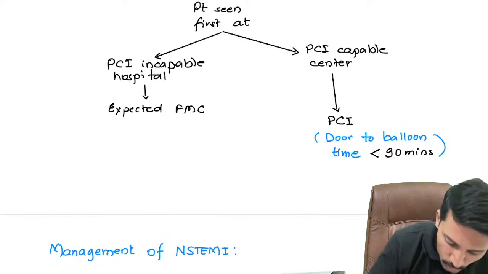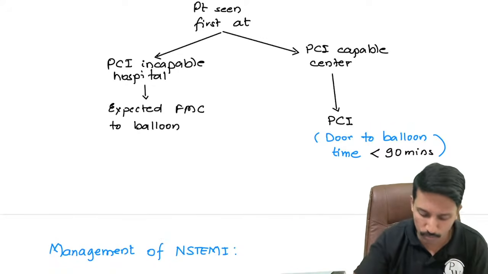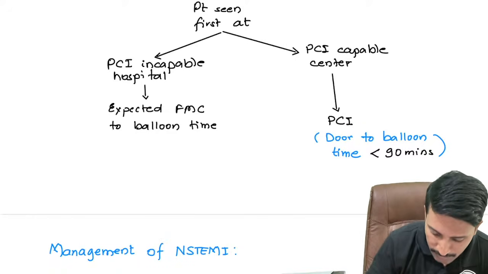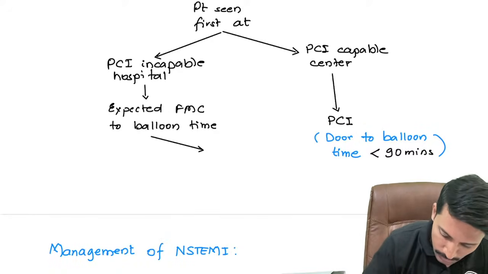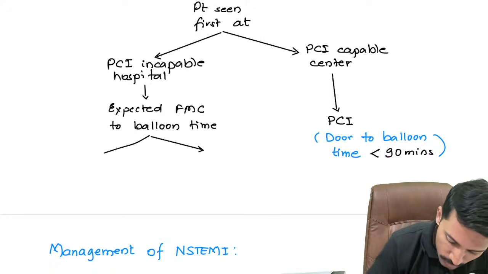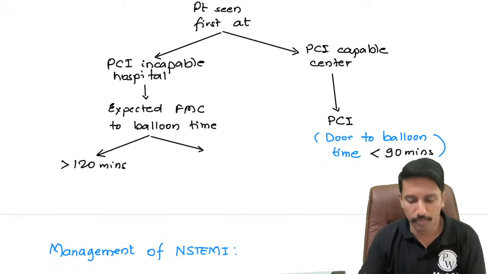So from first medical contact, if I refer and get the angioplasty done, how much time will it take for the balloon to go into the patient's coronary artery? FMC to balloon time. If it is more than 120 minutes, then there is no point in referring, because by that time major damage to the myocardium will be done.